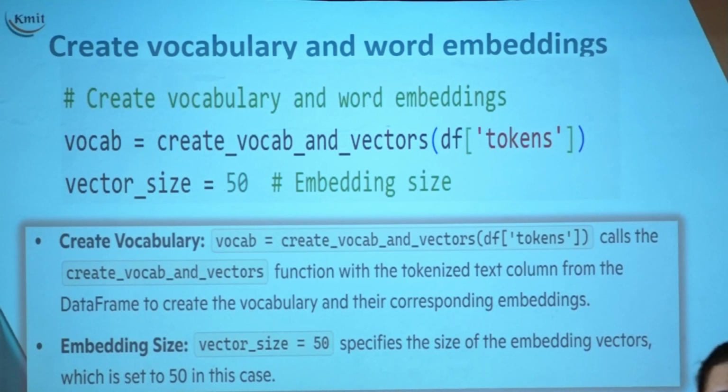Earlier it was the data frame text, which I am not using now because I converted that into data frame tokens. Understanding? So what I am passing here as my input now is the data frame of tokens. All my list of tokens will be given as input, and a vocabulary will be created out of it. It will have a key as every word and a value as the corresponding word embedding, or the vector associated with that particular word.